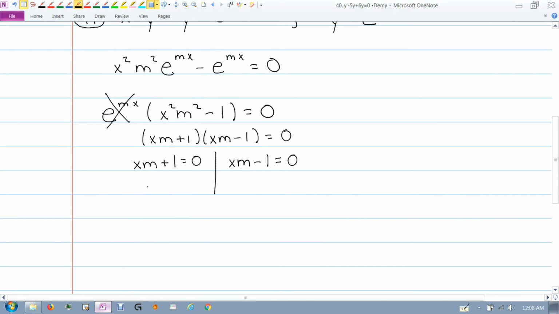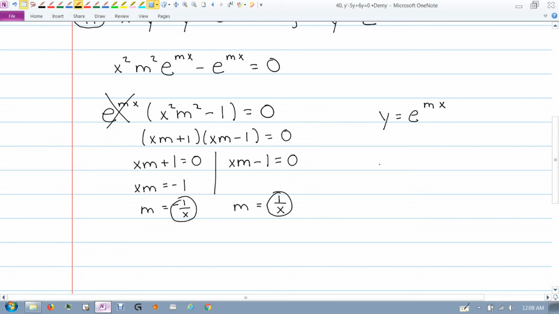And so let's solve these for m. If I subtract 1 from both sides and divide by x, and over here if you do the same thing, you get 1 over x. So that tells us that in order for e to the mx to be a solution, we're going to need m to be either this or this.